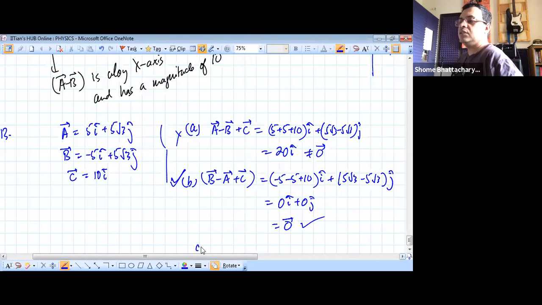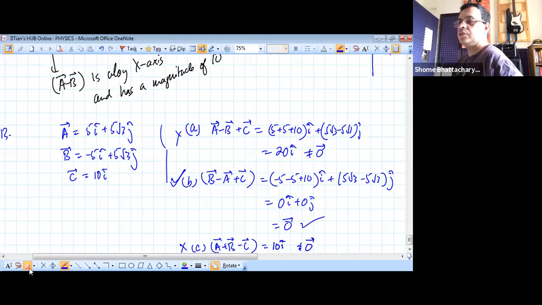Similarly, you can work out C and see that it will not be correct. You calculate E plus B minus C. C won't be correct because this will give you, again, E plus B is 0 plus C 10. So this will give you 10 I cap. Okay, so that's not 0.